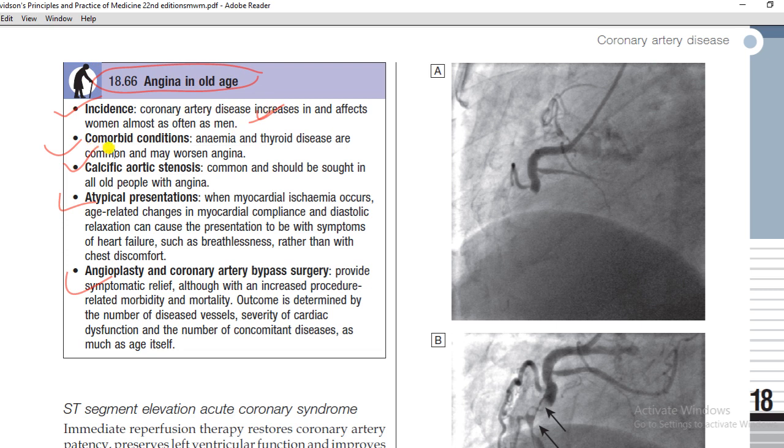Comorbid conditions, anemia and thyroid disease are common and may worsen angina. Calcific aortic stenosis is common and should be sought in old people. If old people come with a symptom of angina, they should be looked at further for calcific aortic stenosis, because it is very common in old age. And atypical presentations.